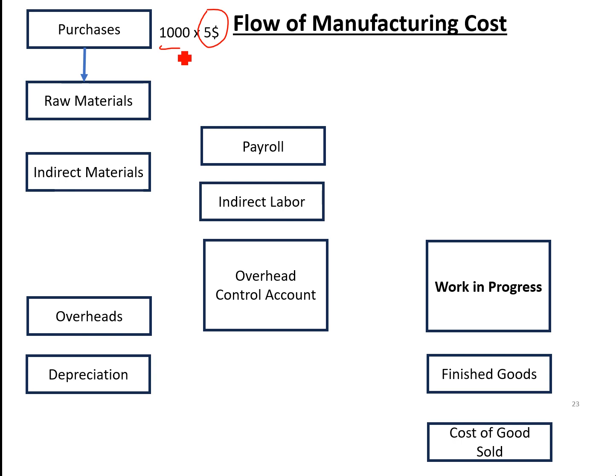Okay, now what you will do, you will issue this raw material for production. That's what you are going to do next. Now you are issuing this raw material to production, but you are not issuing all the raw materials, right? You have to issue only the raw materials required to make 40 units of A. So imagine that cost is like 100 raw materials you needed to make 40 units.